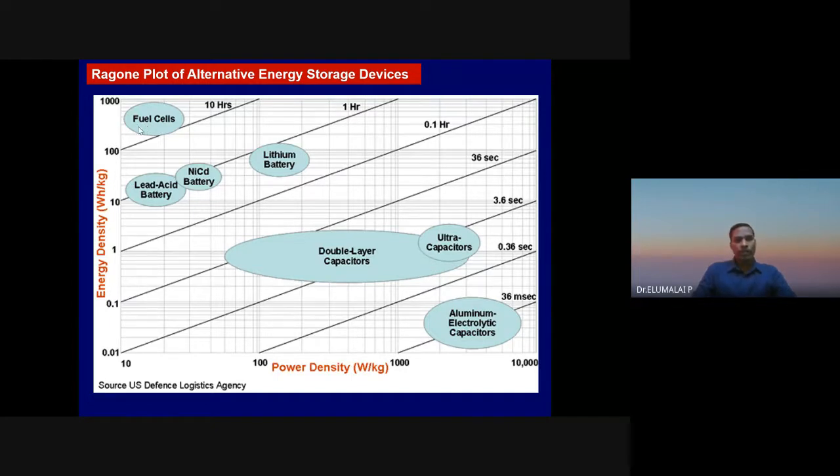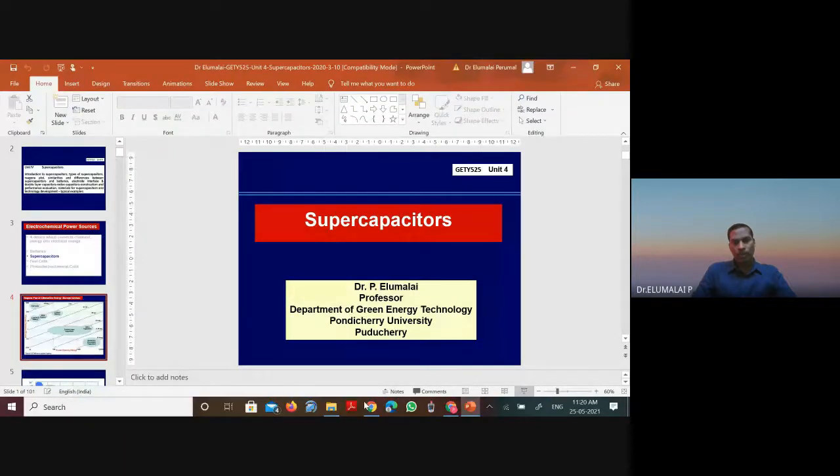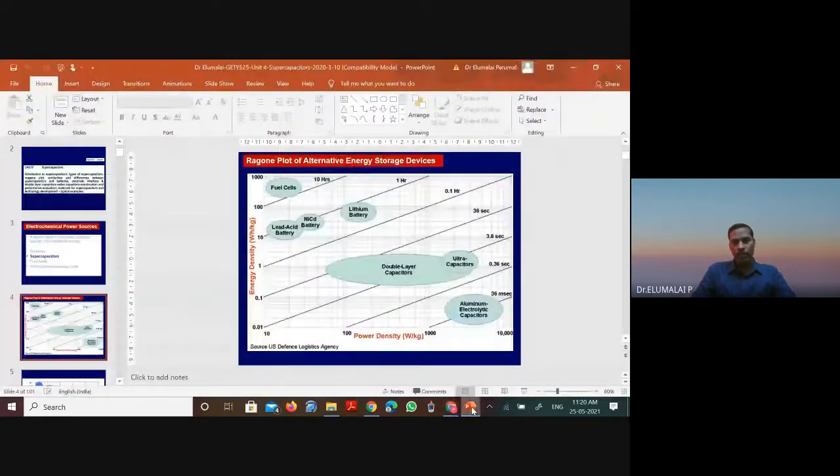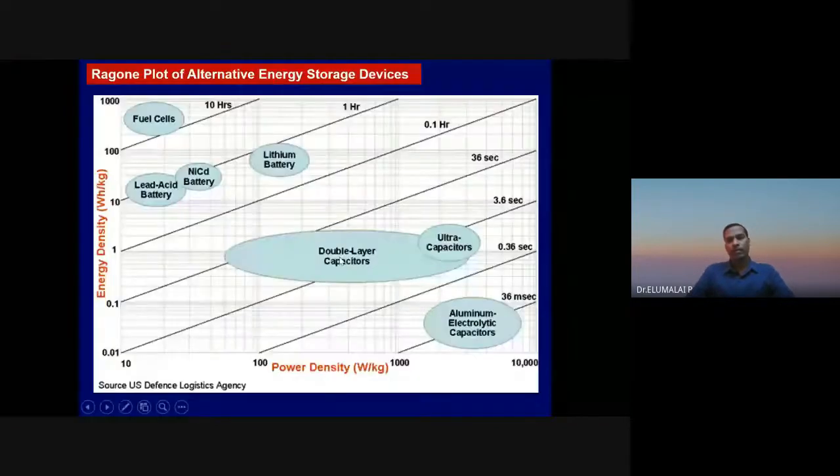So if any fuel cell system is connected to your home, typically it should be able to power it for more than a day, at least 2 to 3 days. Whereas if your intended application requires a momentary power, huge power momentarily, a few seconds, milliseconds, microseconds, or minutes, it's not a fuel cell, not even a battery, it's going to be only your capacitor that will serve the purpose.